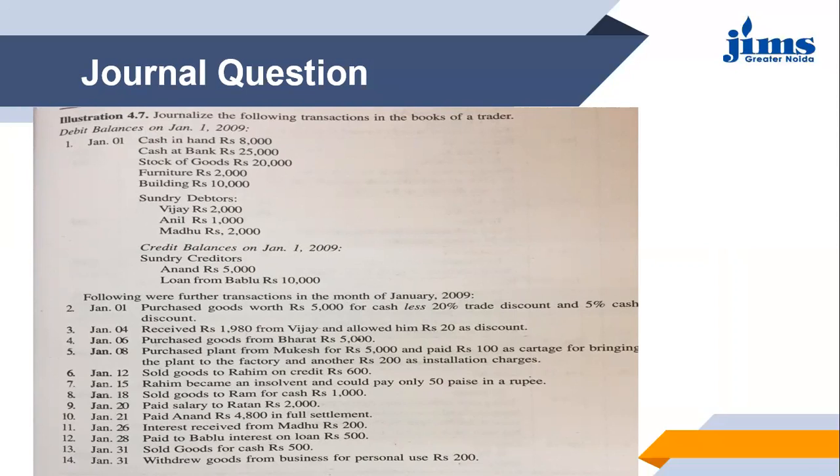Then we'll come to the last entry for this question, that is withdrew goods from business for personal use, 200. See, in any business transaction, if the transaction says that goods or cash have been withdrawn from the business, it will be considered as drawings. Drawings means something which the owner is taking out of the business.